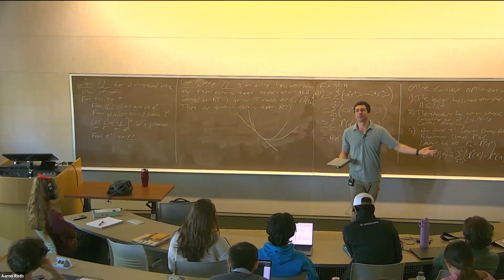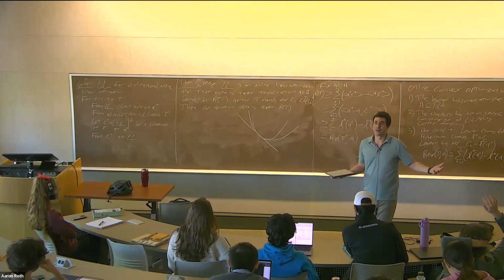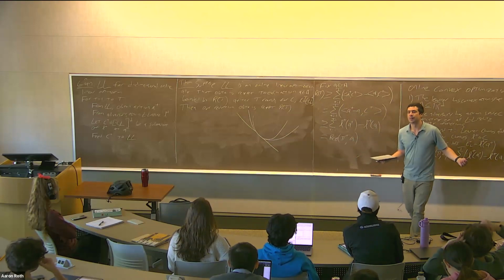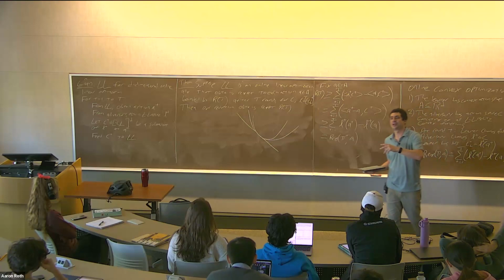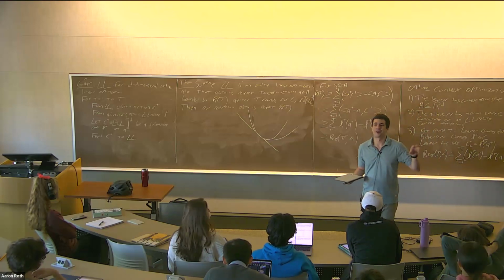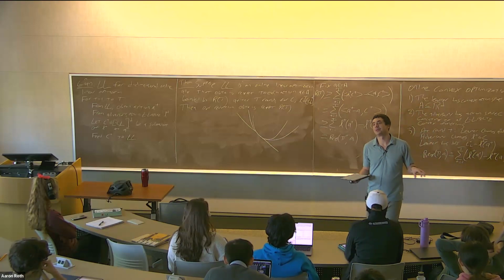The linear learners we have have some dependence on the scale of the problem. So Lipschitzness is important here because boundedness of the cost functions is important for online linear optimization.